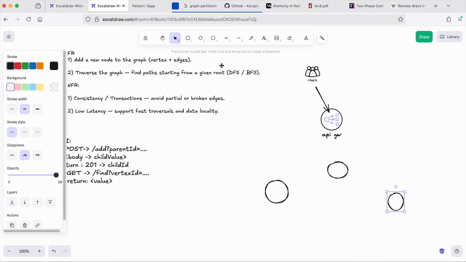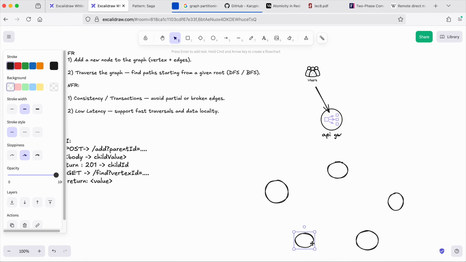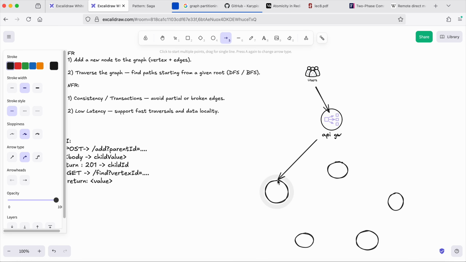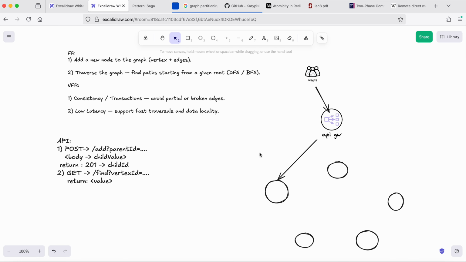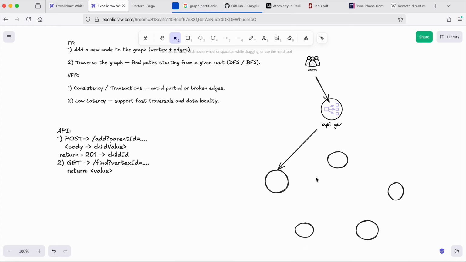Let's assume that we have 5 nodes here, and let's run the query from this node. The gateway randomly finds this node, and it becomes the local coordinator of our query.